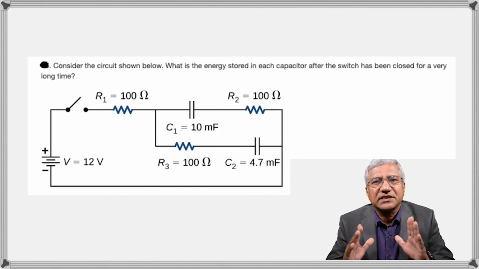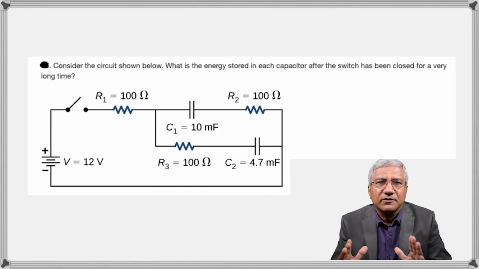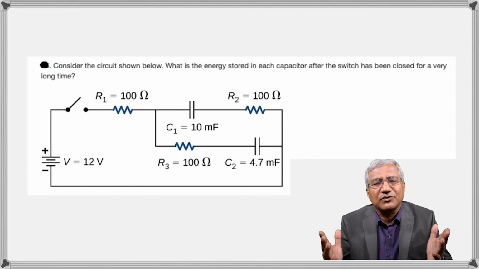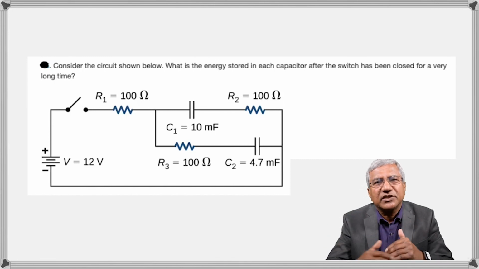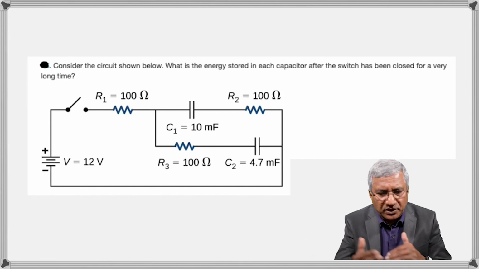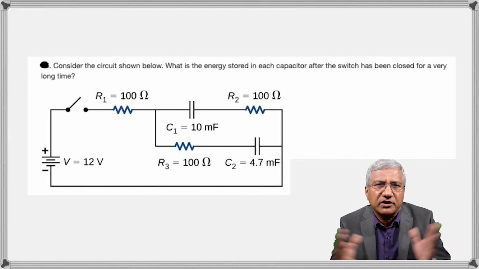When the capacitors get maximum charged, there is no current flowing through the circuit. That's the most important thing. When the capacitors are fully charged, there is no current drawn from the source.